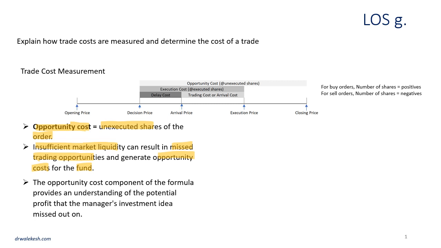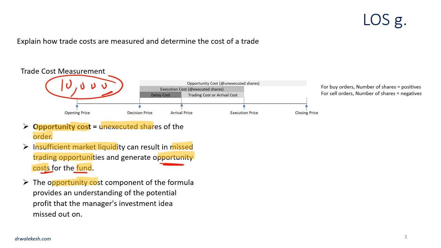If the market is illiquid and you know it is illiquid, why did you send out up to 10,000 shares to be executed? You should have reduced it. Sending this high number of shares obviously will lead to generating opportunity cost for the fund, and there will be missed trading opportunities.